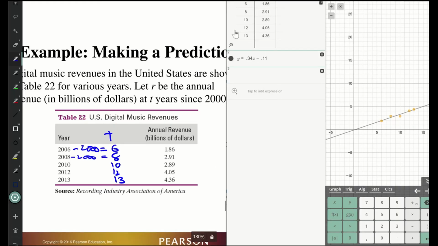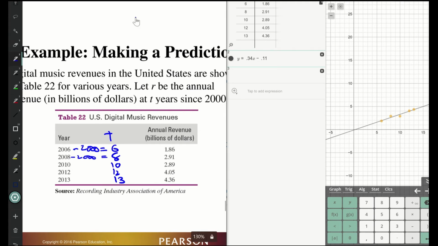Okay, so here I've gone ahead and plotted these points. As you can see, T equals starting with 6, working all the way up to 13. That'll be the explanatory variable. The response variable here, the annual revenue, starting with 1.86, going up to 4.36 billion.